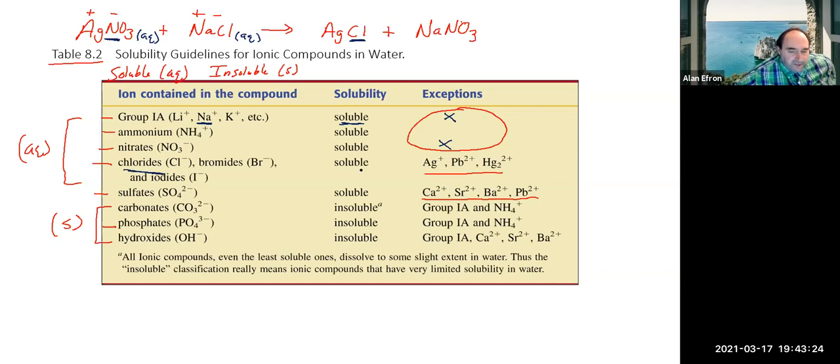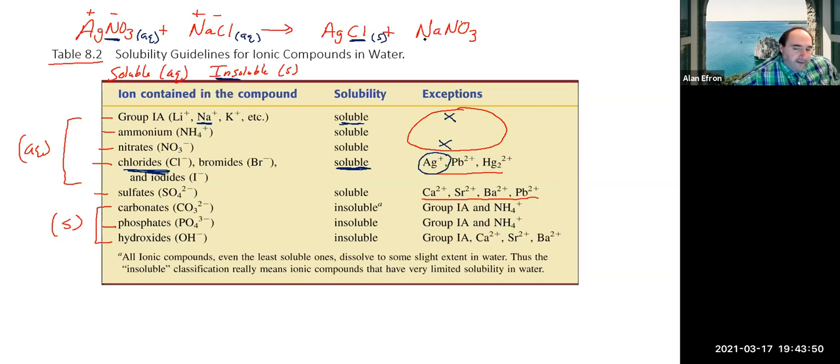Chlorides are soluble, but there are some exceptions, and silver happens to be one of them. That means normally chloride would be soluble, but because silver is an exception, the chloride would actually end up insoluble. That is the solid that would be formed here.